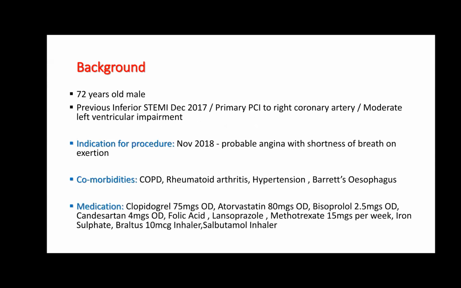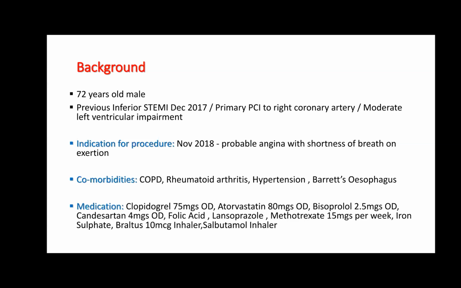So this is a case that we did in 2018, and it's a case of a 72-year-old gentleman who was referred to Stoke from one of the district general hospitals. He initially presented in December 2017 with an inferior STEMI and had a primary PCI done to his right coronary artery.